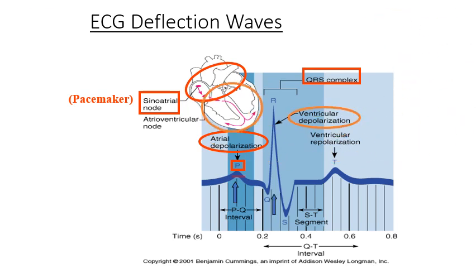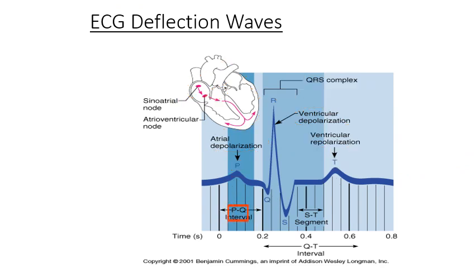Then we have the ventricular repolarization. Meanwhile, during the QRS complex, we have atrial repolarization that we don't see on the ECG, and then we have the T wave, which represents the ventricular repolarization. This is just a reminder for you. We are already familiar with this information.